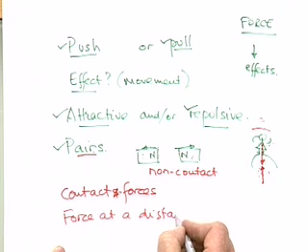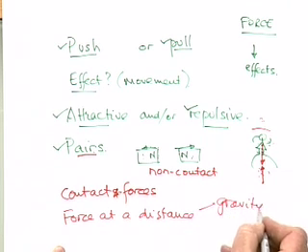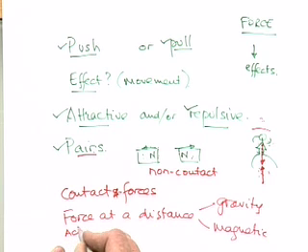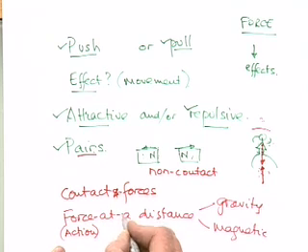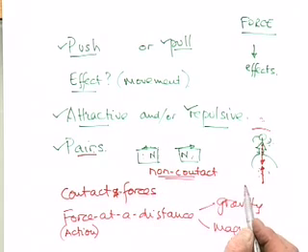that applies certainly in the case of gravity, and it applies in the case of magnetic forces. Sometimes this is known as action at a distance, or force at a distance. They are forces that operate even though there is no contact. So we might call it a non-contact force.